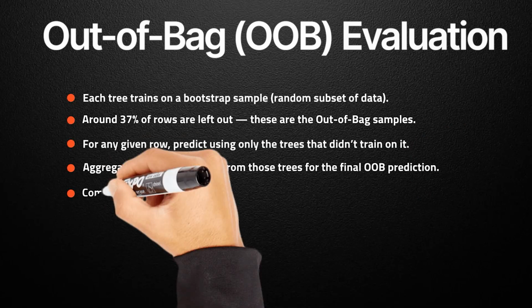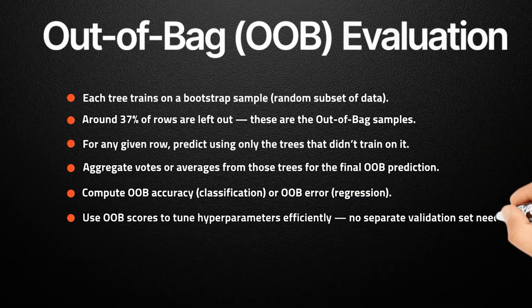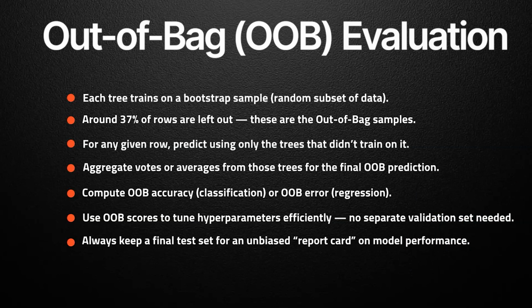The overall correctness across all the rows is the out-of-bag score. Use out-of-bag to tune hyperparameters quickly without carving out a separate validation split, but then still keep a final test set for your one-time honest report card. In general, always remember that you do not peek at the test set while tuning. Otherwise, the test becomes validation.